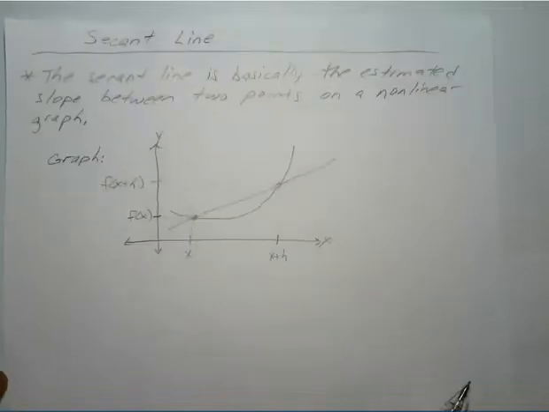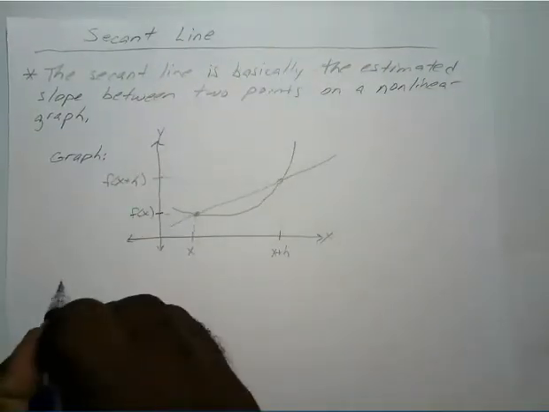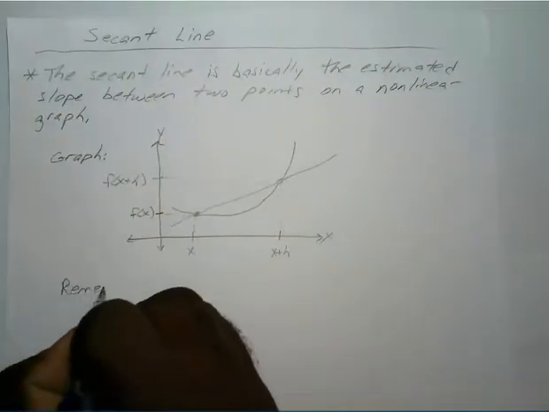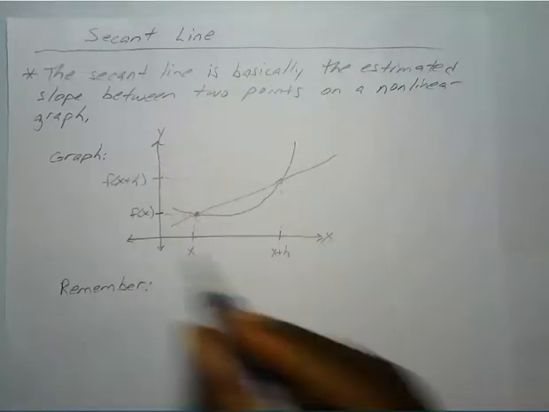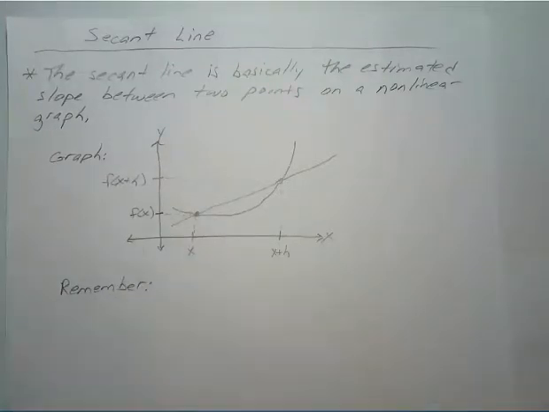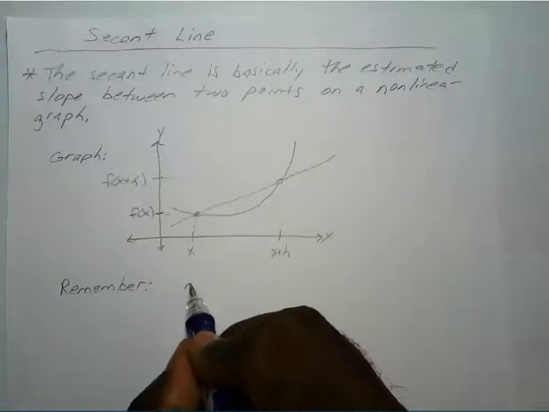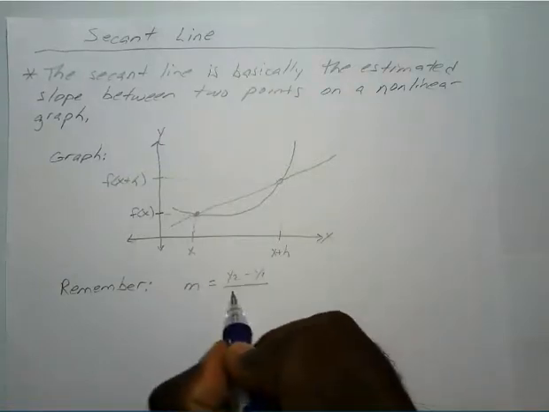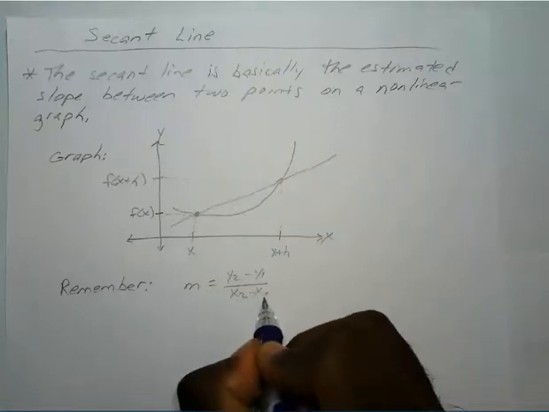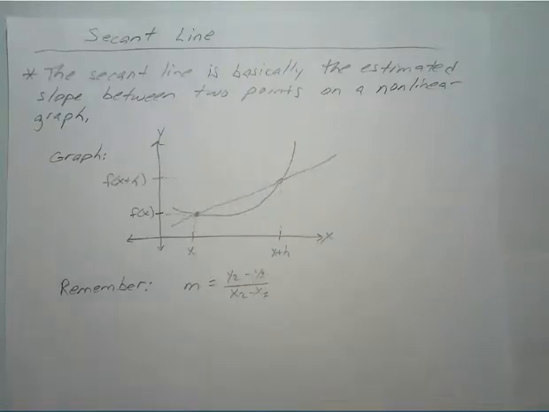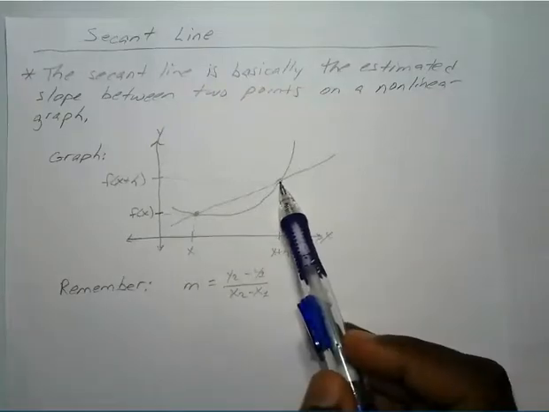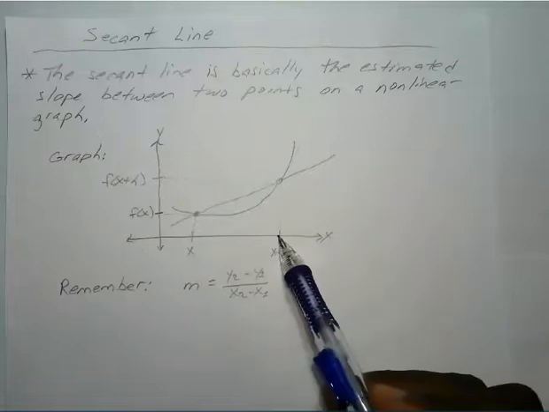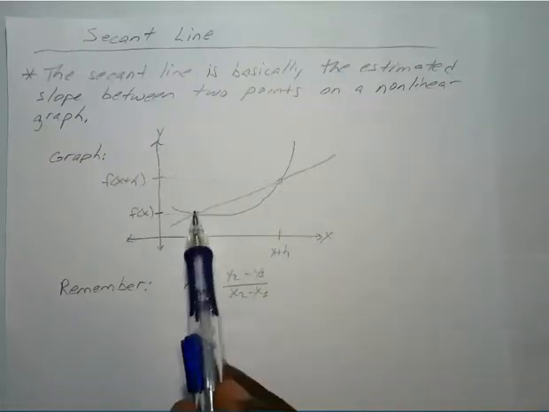If you think back a little bit, you remember that to find the slope of a linear equation, the slope is equal to y2 minus y1 over x2 minus x1. Now, for this line, if it were linear, this would be your x2, y2, x1, y1.